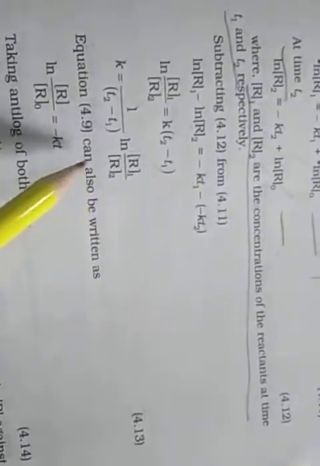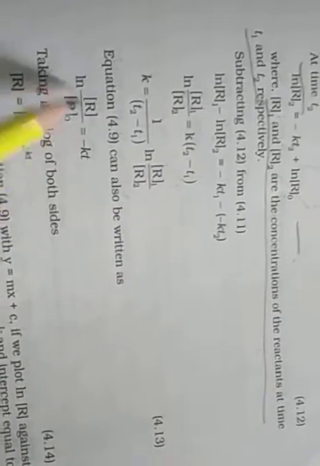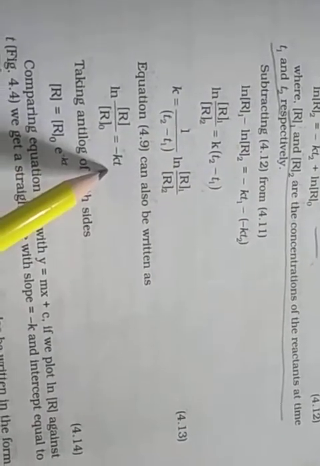We can also write it this way: ln R upon R naught is equal to minus kt.